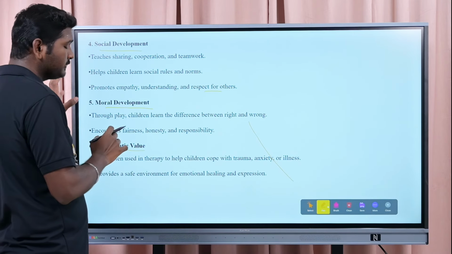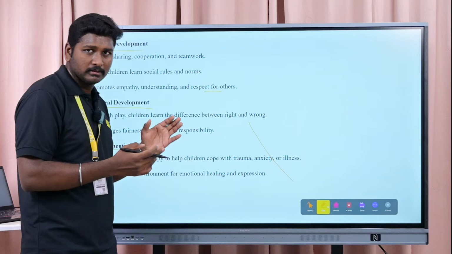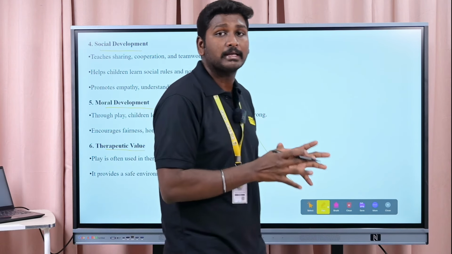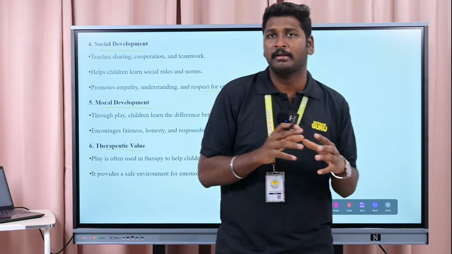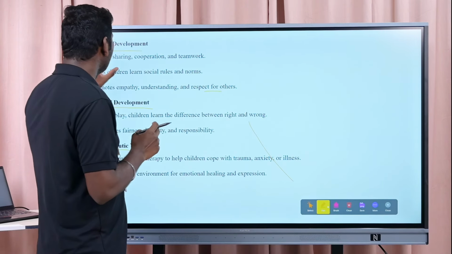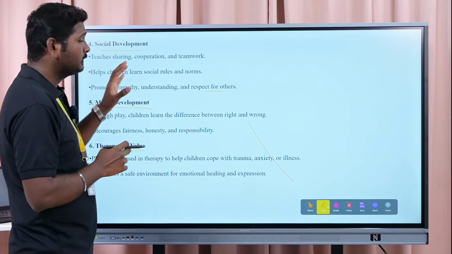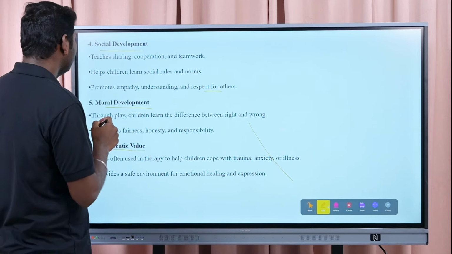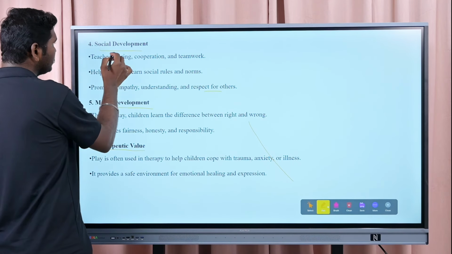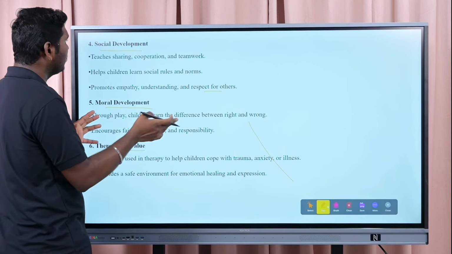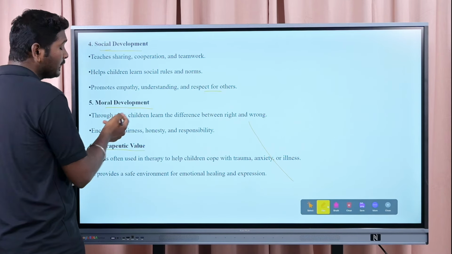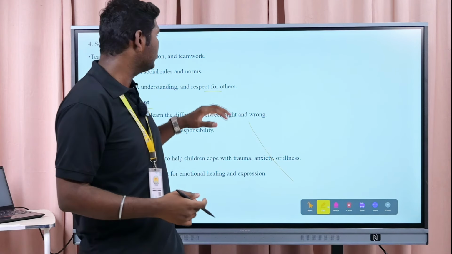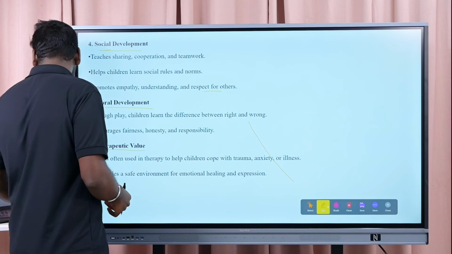Since I have told you your answer should be concise but at the same time very valuable, always try to write the direct answers instead of writing something general and then coming to the specific. Always go with the specific things, as I told: physical, social, psychological, sexual, moral development. According to the development, how play is important is clearly mentioned here, so you can study it in detail one by one.